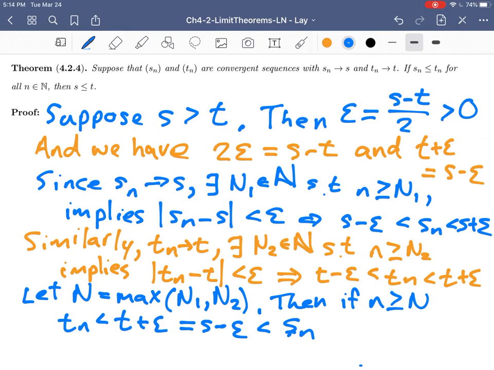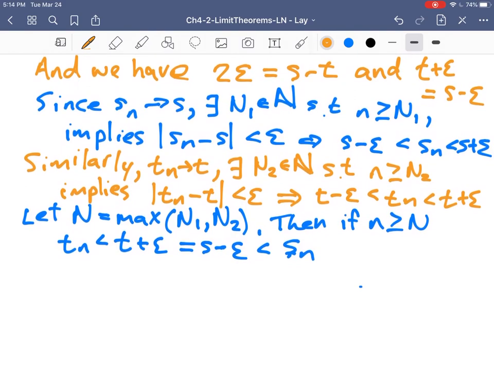We supposed that S was greater than T, while also still maintaining S sub n being less than or equal to T sub n. That's part of our given, and so we just contradicted the given information. Right? And so we have our contradiction, and our theorem is proved.